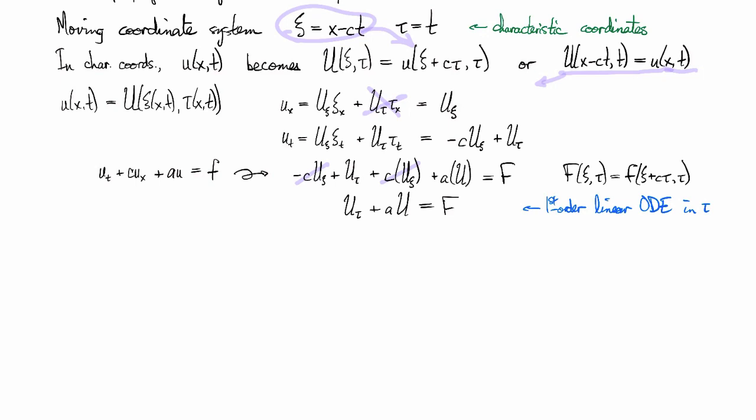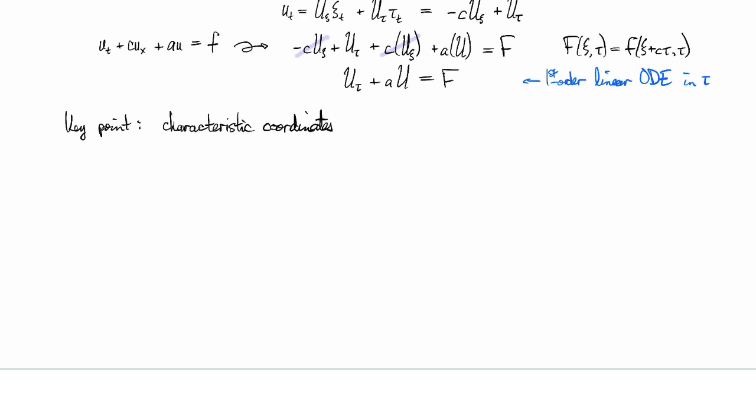So by changing to the appropriate moving coordinate frame, the key point here is that the characteristic coordinates have the effect of transforming the operator ∂_t plus c ∂_x into the simpler operator ∂_τ.